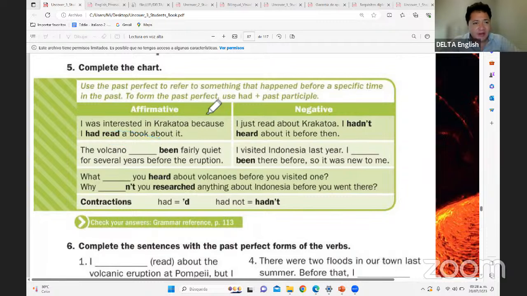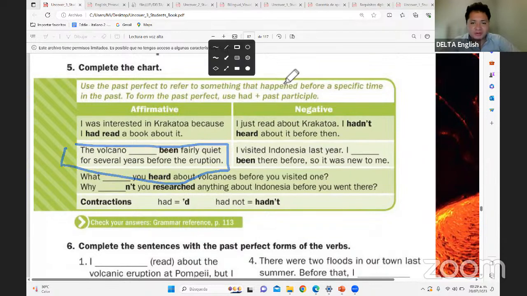Now, please, Itzel, help us read the next one. Now you have to complete with the auxiliary verb. The volcano, please. Okay, maybe Gusli, can you help us, please, complete this sentence. Let's read it and you can complete it.